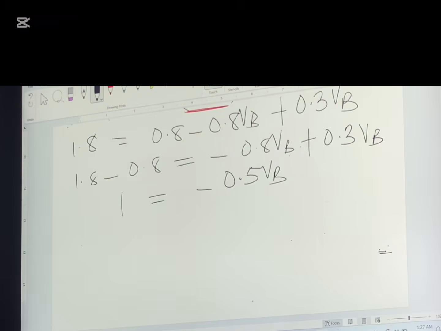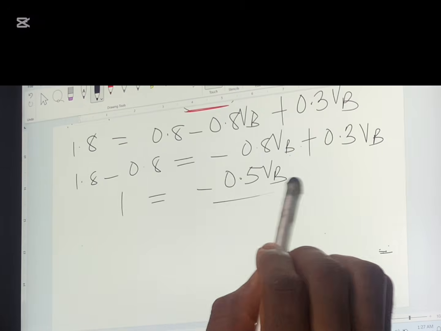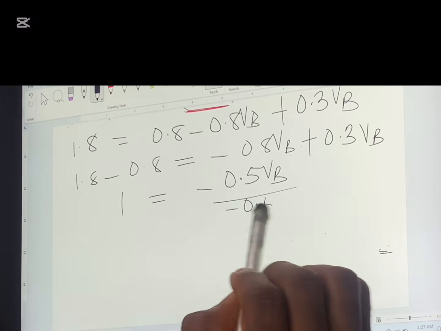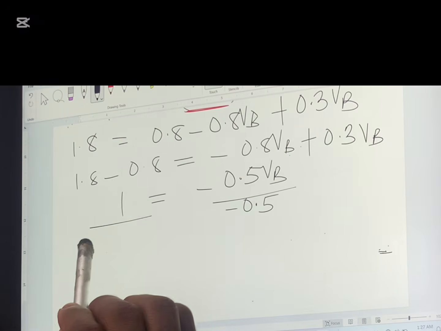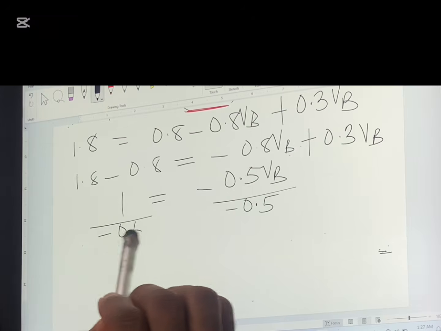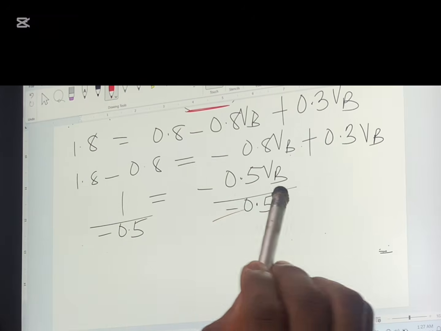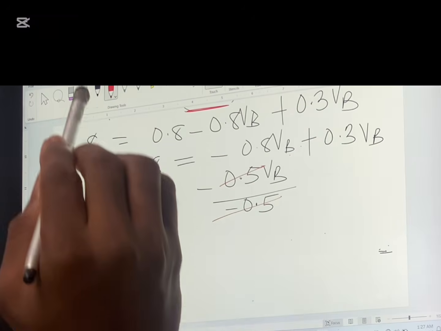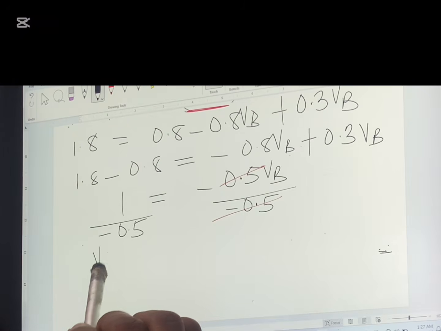So our purpose here is to make VB the subject. To make VB the subject, I have to divide both sides by what is attached to VB, minus 0.5. So this cancels this, and I'll be left with VB.